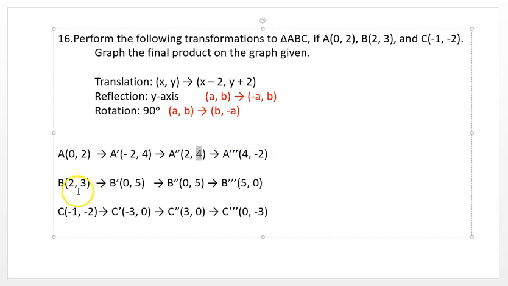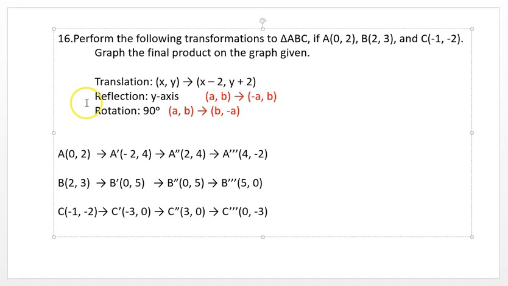And then do the same thing with B. Use this rule right here and do (-a, b). So -0 just stays 0, and then 5. For C, -3 changes to 3, and then 0 stays the same.